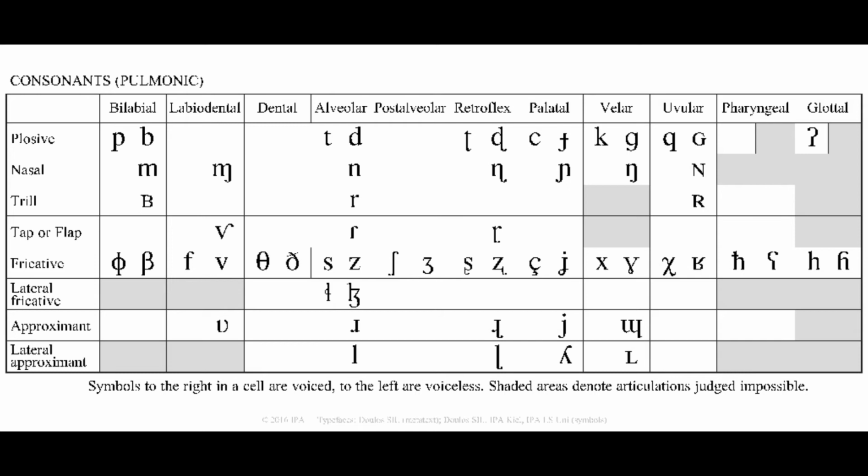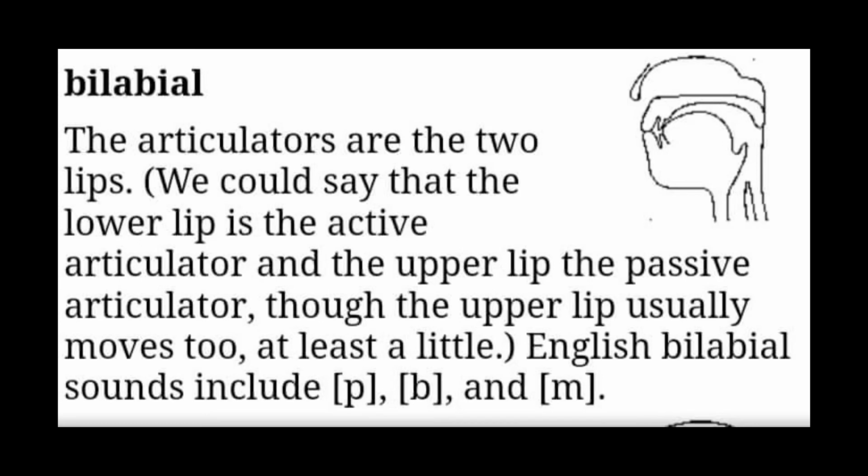Most of the common combinations of active and passive articulators have abbreviated names, usually leaving out the active half. These are the abbreviated names for the places of articulation used in English. 1. Bilabial.